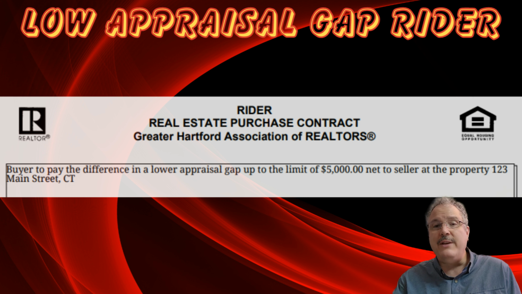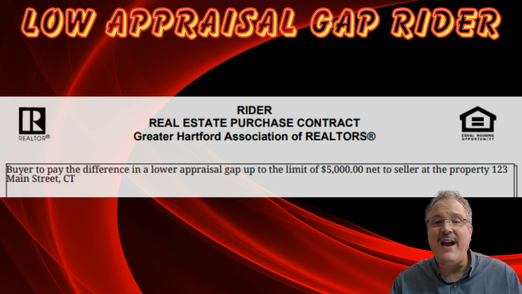But the bank always, if you're getting a mortgage, is going to send their own appraiser in to do an appraisal. And sometimes that appraisal may fall short of the agreed upon purchase price. So what the low appraisal gap rider is going to state is that we are willing to put in another $5,000 in cash if the appraisal comes in $5,000 low. Okay?